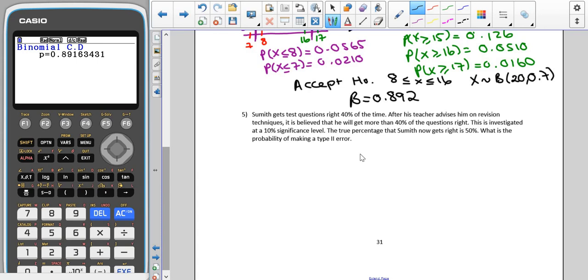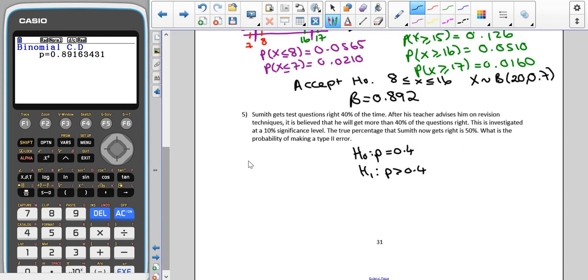So if we were performing a hypothesis test with this, our H0 would be P equals 0.4 and our H1 would be that P is more than 0.4. This is investigated at a 10% significance level. The true percentage of Smith now gets it right is 50%. What is the probability of making a type 2 error?